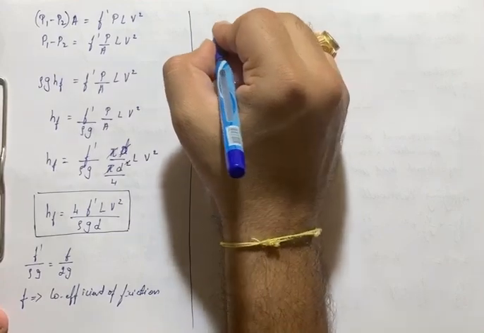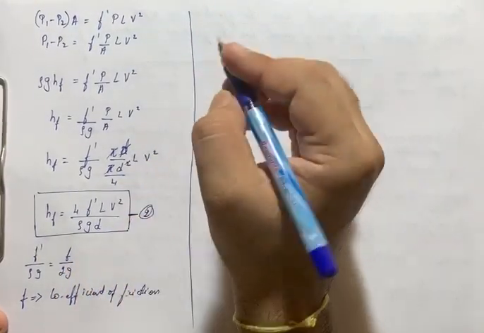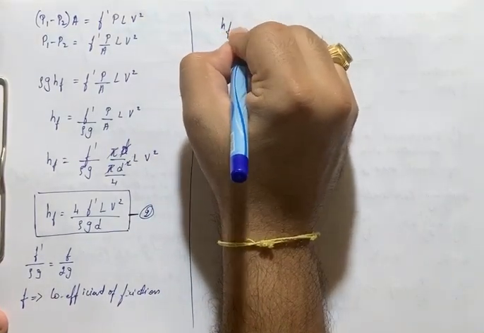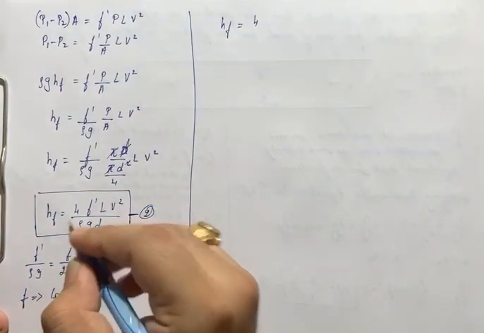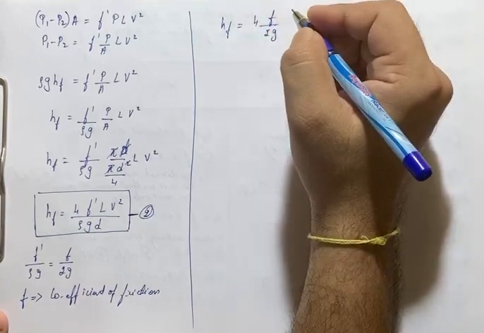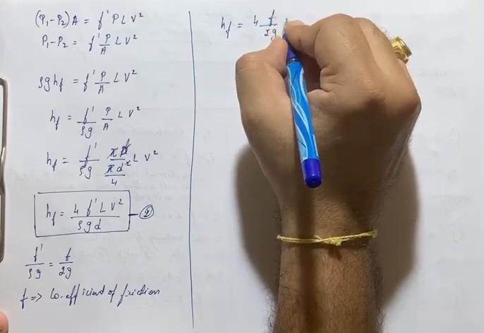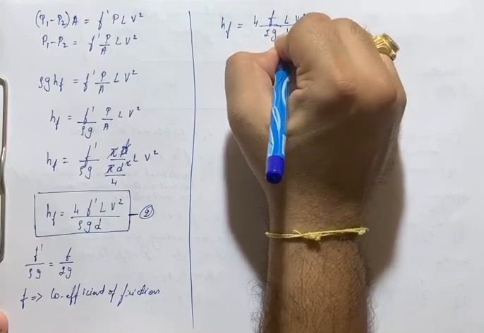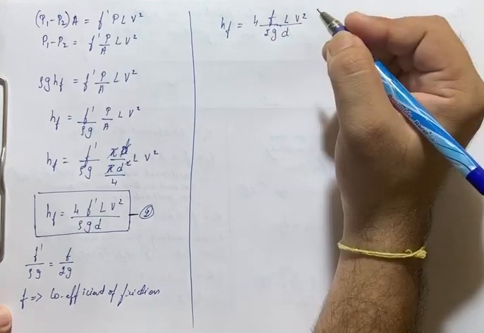Now, I will call this one equation number 2. I will substitute this in the above equation, that is HF is equal to 4 F dash divided by rho g, which is F divided by 2g, into L into V square divided by d, that is 4 F L V square divided by 2g d here.